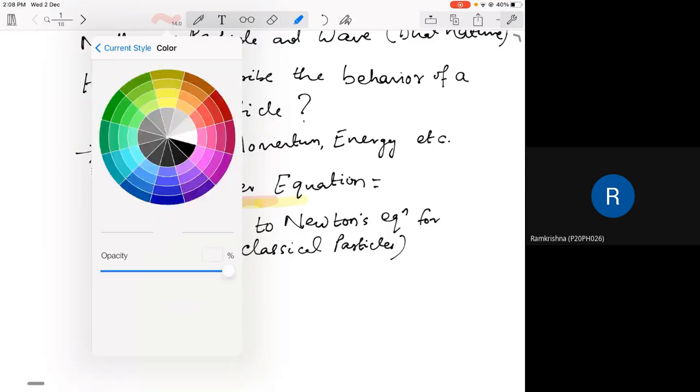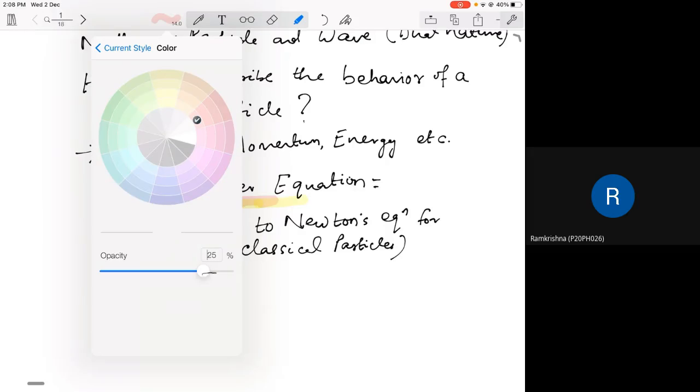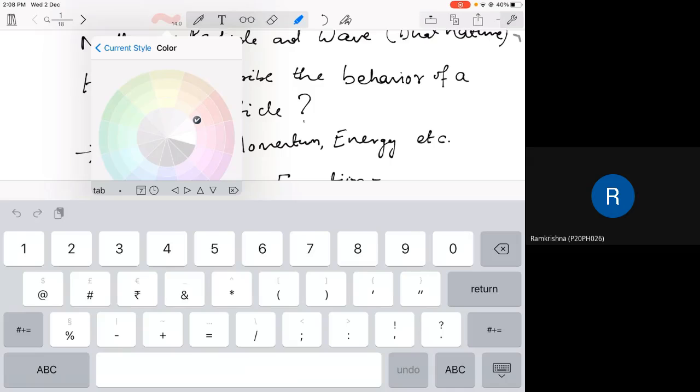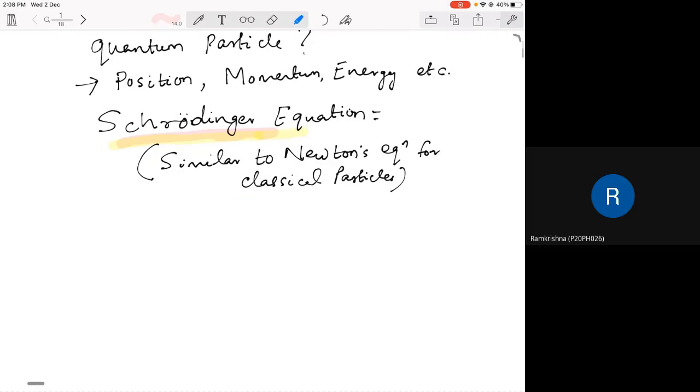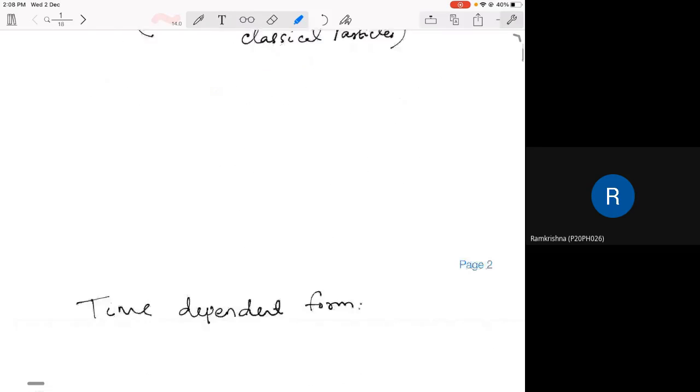That is normally described by the Schrodinger equation, which is very similar to how you have Newton's laws of motion for classical particles. For quantum particles, we have the Schrodinger equation which defines the behavior of the particle.